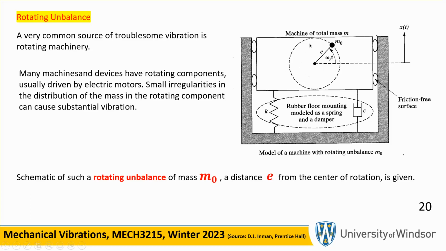Imagine a fan with three plastic blades, one of which is broken, and the mass of that is m naught. Because part of it is broken, the center of mass may not be the center of rotation.